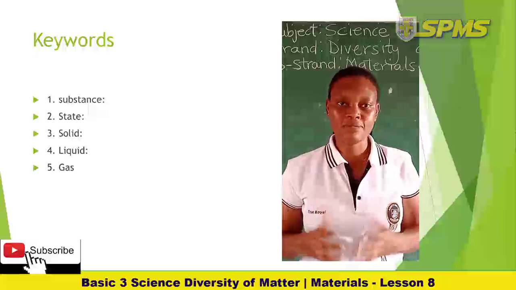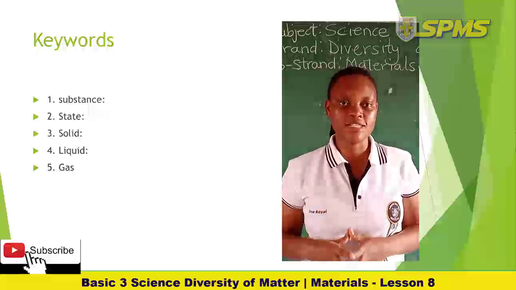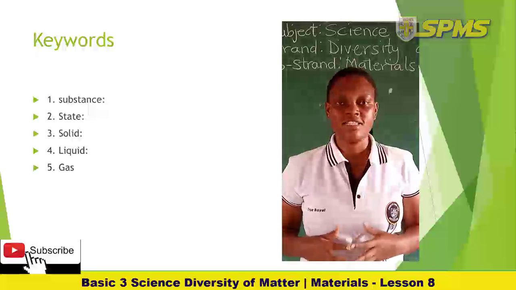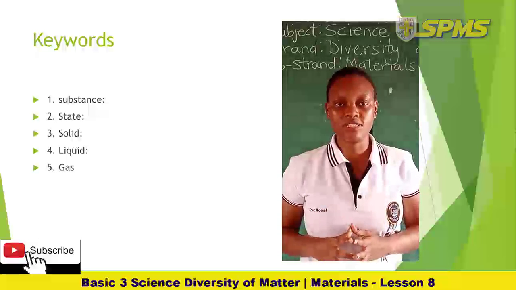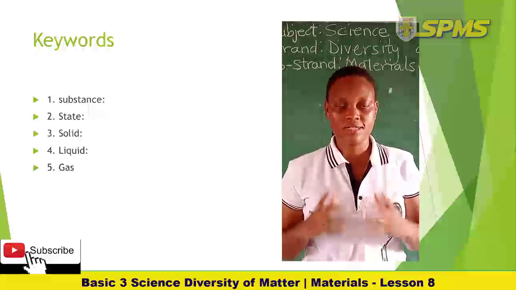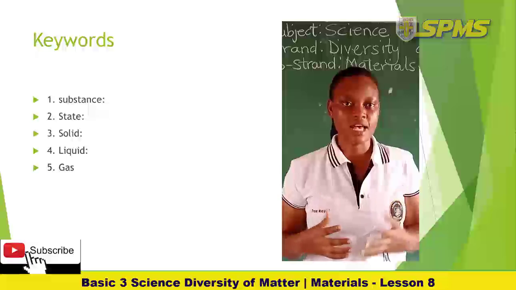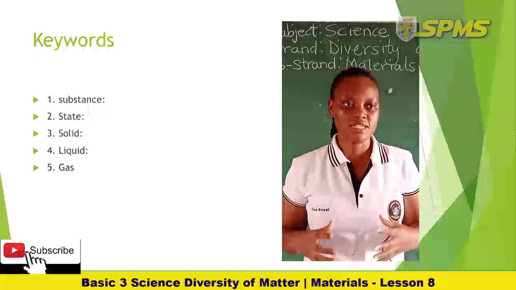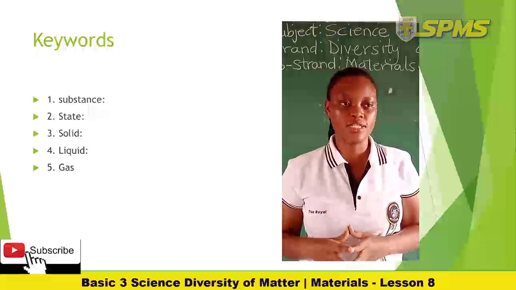So that is substance. Now we move on to state. State is a particular condition that something is in at a particular time or a specific time. So that is state.